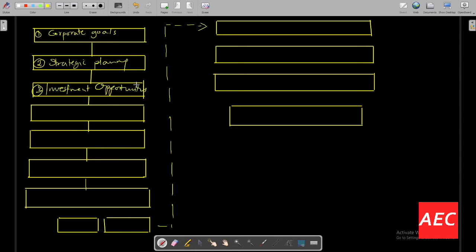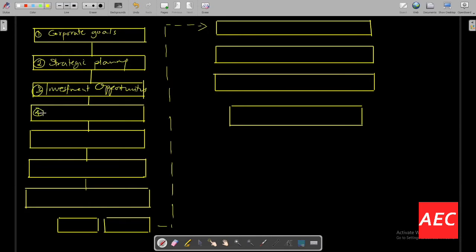Now this one has to fit specifically into the firm's goals, their mission, their vision, as well as their long-term strategic plan. So the company will pursue any investment opportunity when it fits into its goals, its vision, its mission, and its strategic plan. If the opportunity does not fit into these variables, then the company may decide to abandon the project.